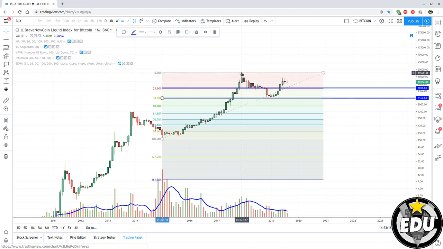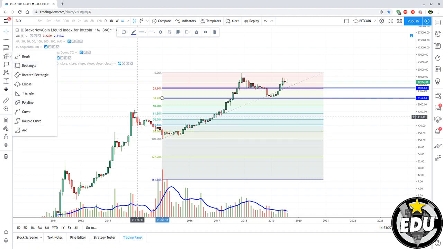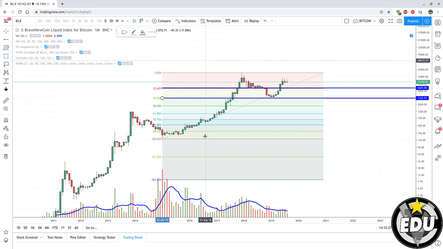How could I spot the 20K level if I had just this correction with an extension?